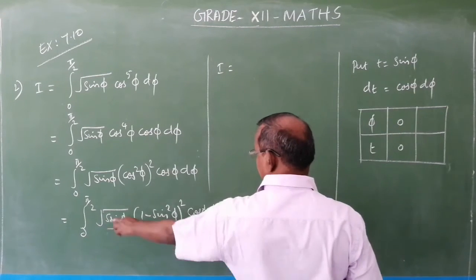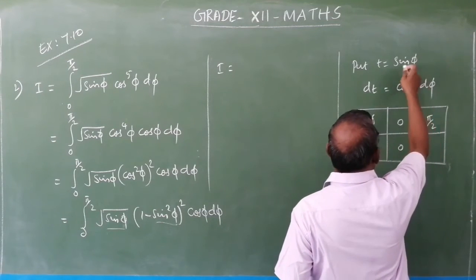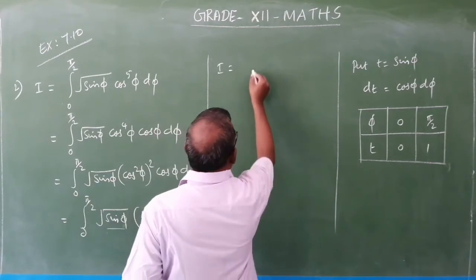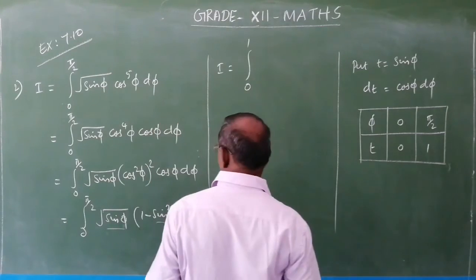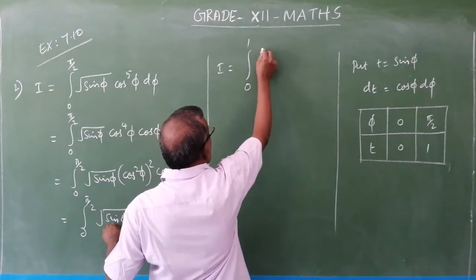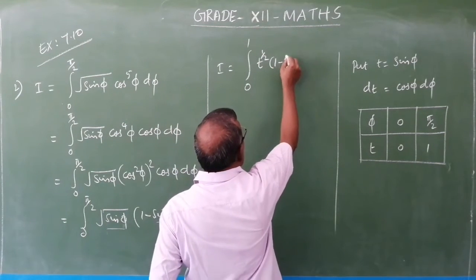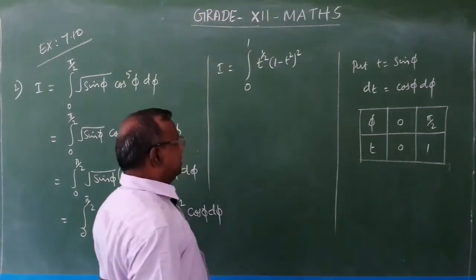When phi equal to pi by 2, sin pi by 2 equal to 1. So change the limit, which is 0 to 1, and sin phi becomes t. So t power 1 by 2 into 1 minus sin square phi means 1 minus t square the whole square, into cos phi d phi equal to dt.